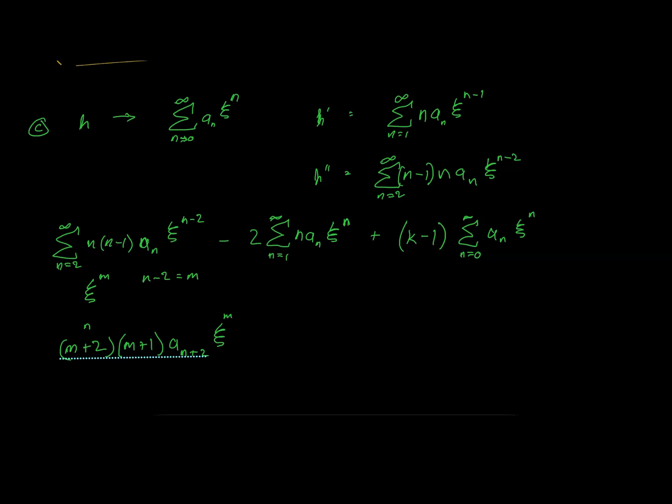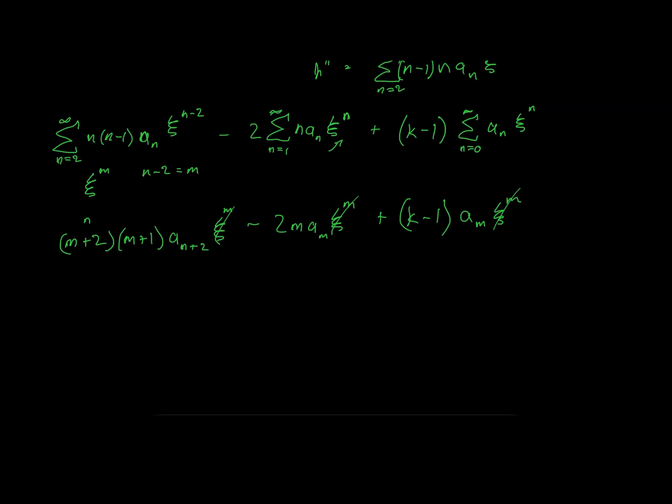We're getting rid of our sums now, so they're irrelevant. Minus 2 times m, this becomes our c to the m, so n just turns into m, a sub m c to the m, plus k minus 1 a sub m c to the m. Get rid of all of these c's.